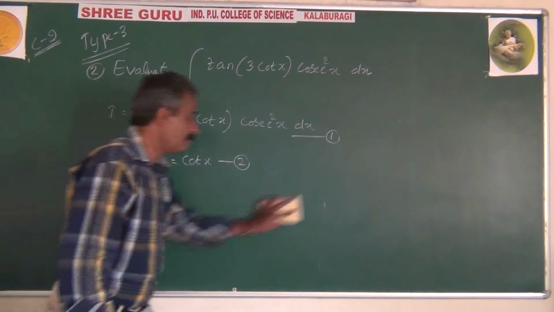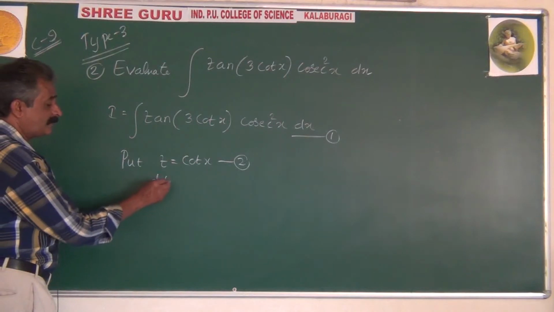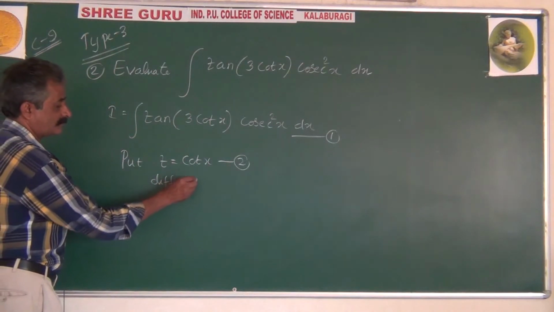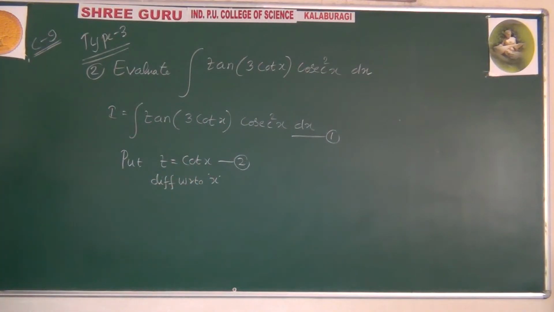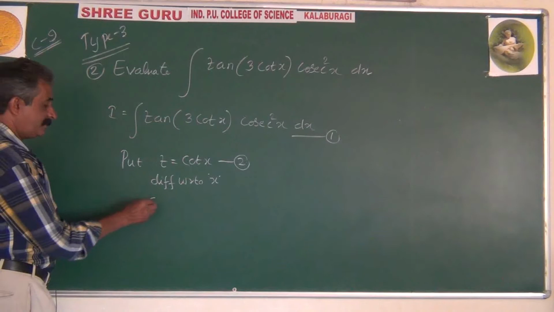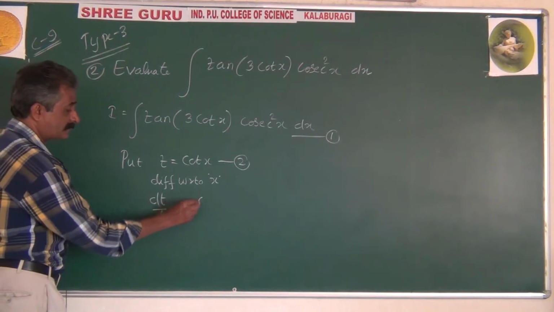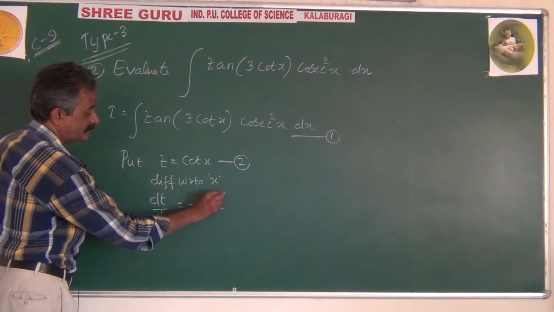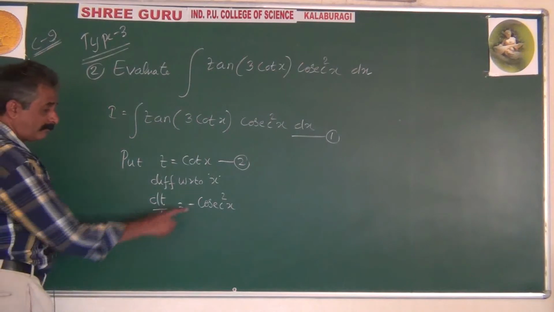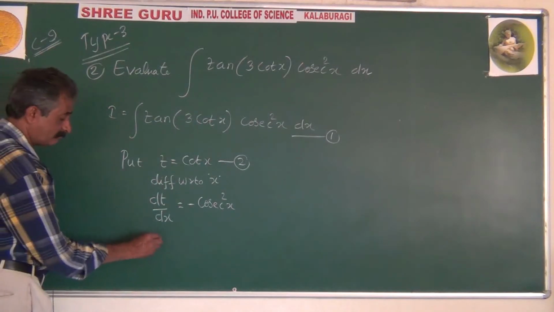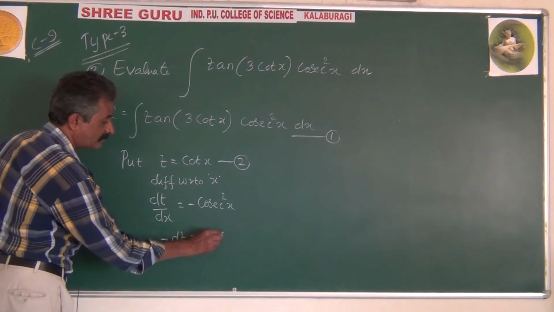And after putting, compulsorily differentiate with respect to x. dt by dx equals minus of cosec square x dx. From this, minus shifted to the left side, minus dt is equal to cosec square x dx.